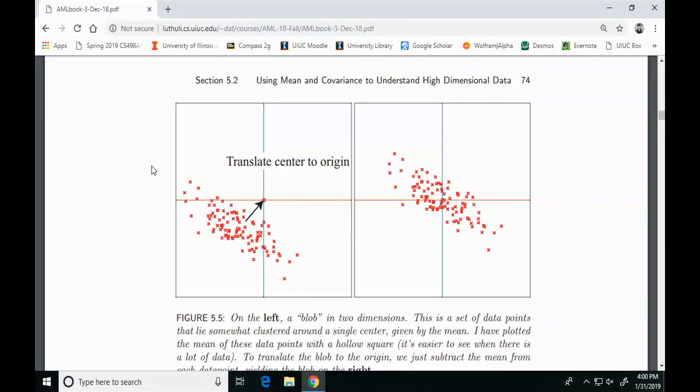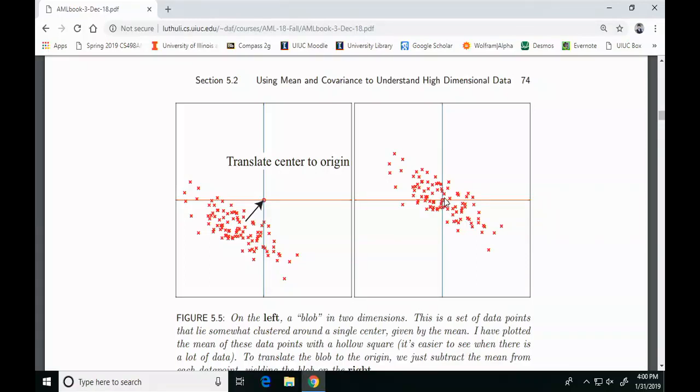So we're going to start with our original data right here, and we're going to translate it so that it has basically 0 mean. We could just calculate the mean of the data and subtract that mean away, and that's the equivalent of translating it. So this data would end up looking like that.